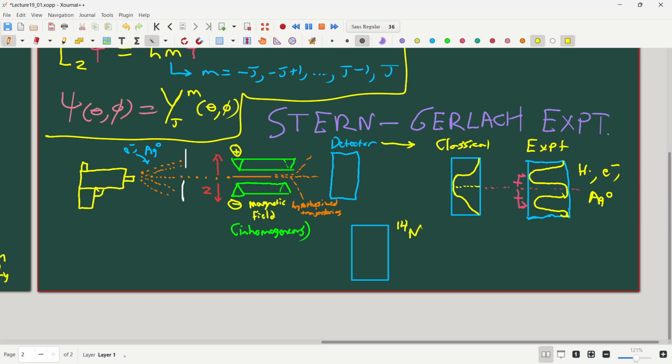When you do this experiment, you see a different pattern. You see a peak at the top, you see a peak in the center, and you see a peak at the edge. Right? So again, let me just draw the trajectory axis of the electrons.